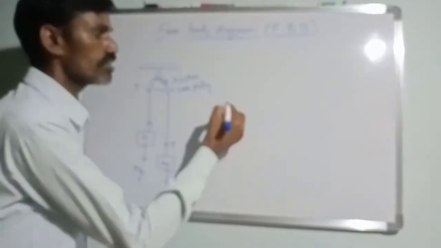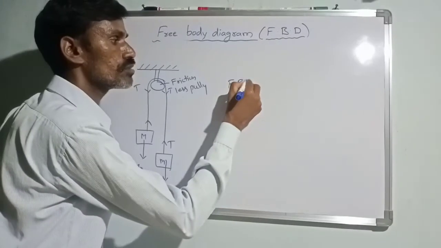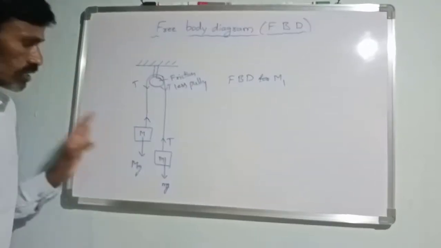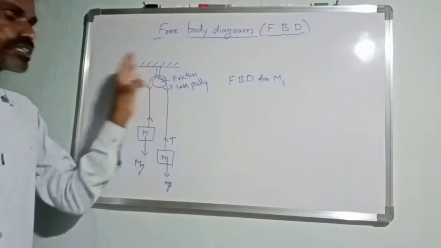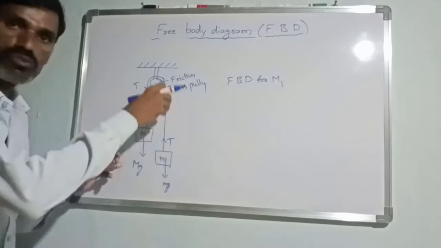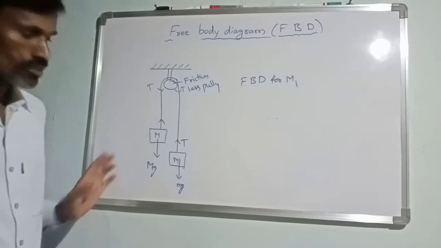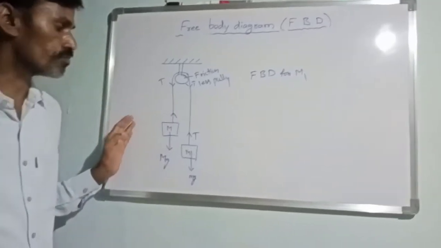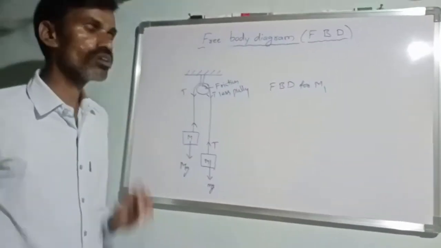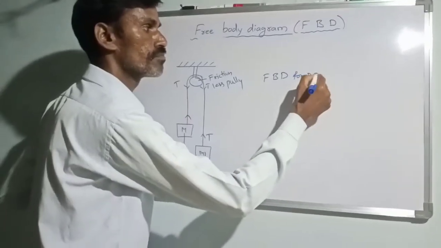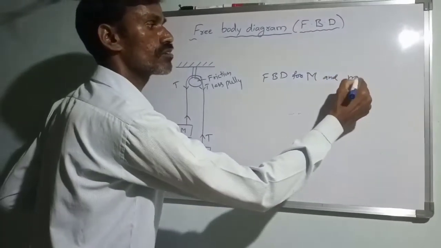So now we draw the FBD, free body diagram, for M1. Here the system is in equilibrium. There is no motion. That means net force on the system is 0. So if the system is in equilibrium, then draw the free body diagram for the mass capital M and small m.